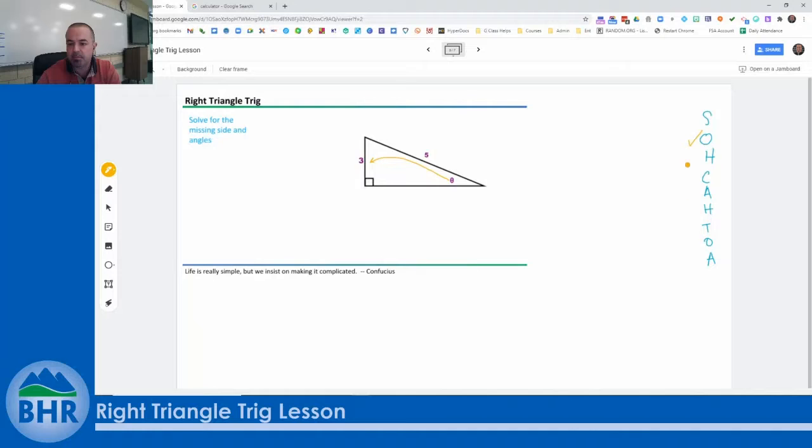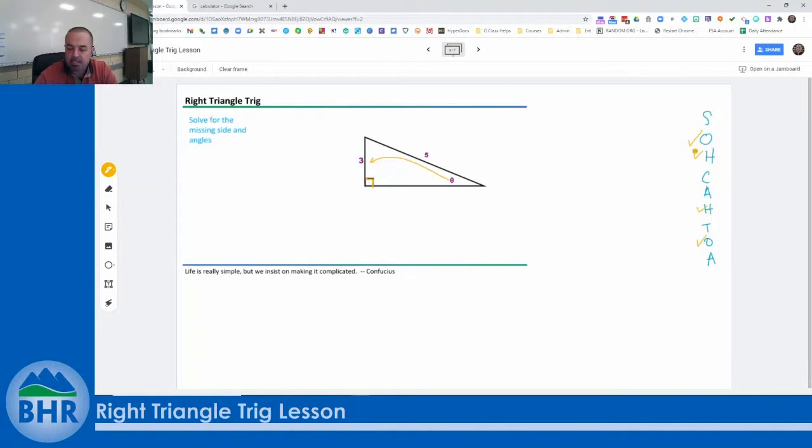So if I come over to SOHCAHTOA, I have an O here and an O here. Then I continue around my triangle and I get to the 5. 5 is opposite of the right angle, so that means this is the hypotenuse. So this is an H, and an H. And I'm done. I've accounted for all 3 sides of my triangle.